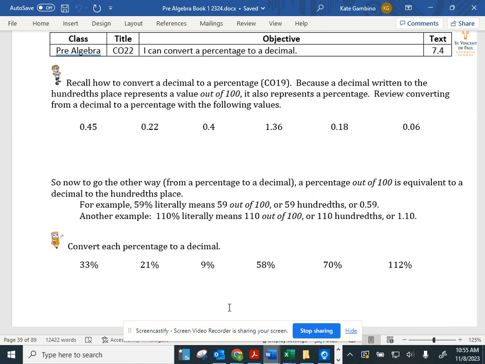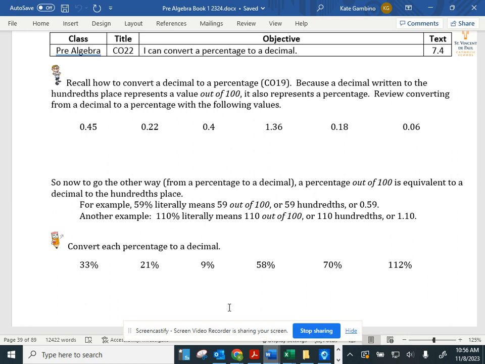So remember how we converted the decimal to the percent. That was CO19. Because a decimal written to the hundredths place represents a value out of 100, it also represents the percentage. So we're going to review converting from a decimal to a percentage with the following values. I would like you to convert those to percentages, and we're going to go over the answers that you get.